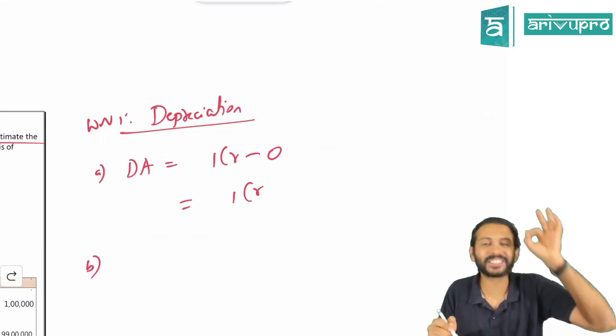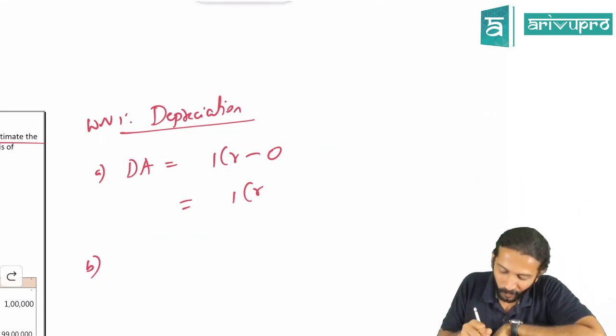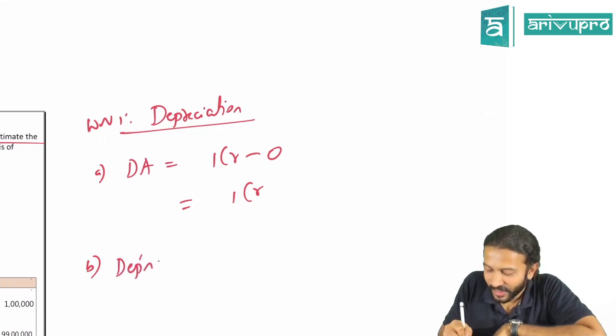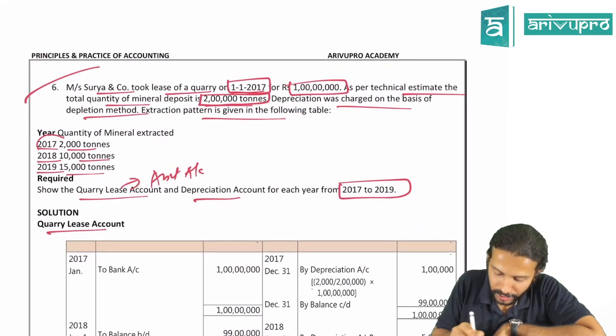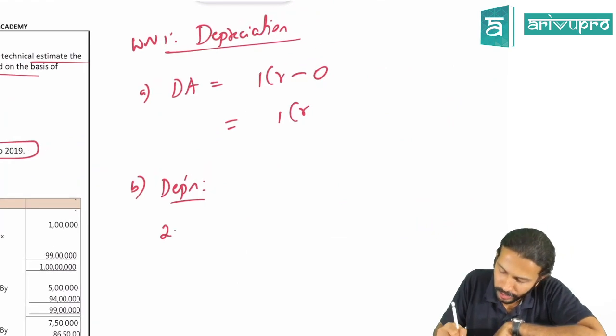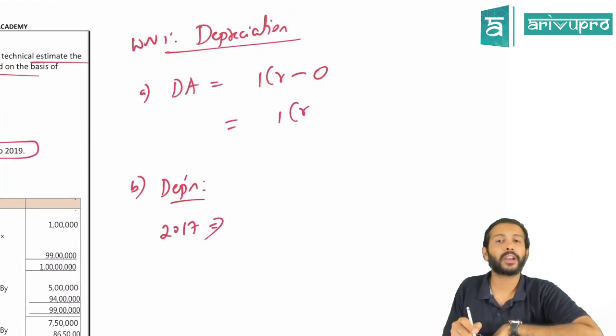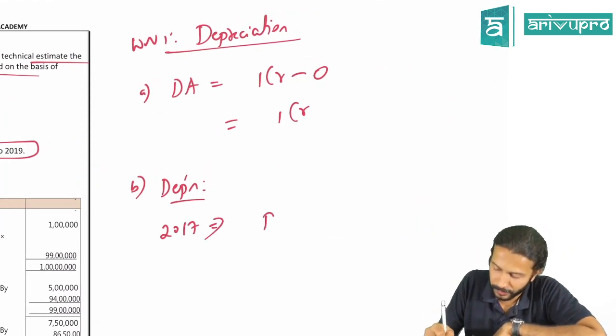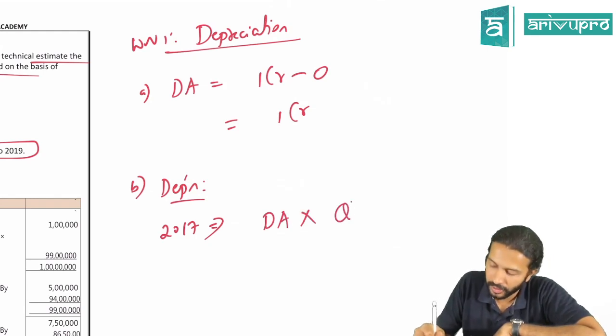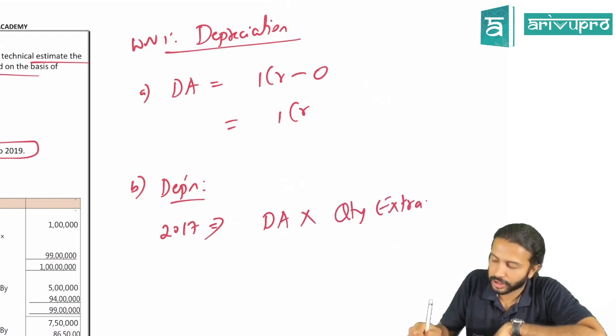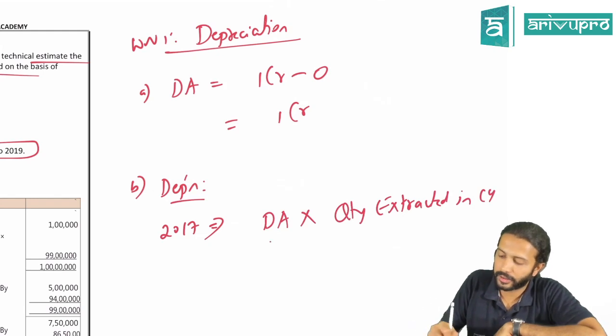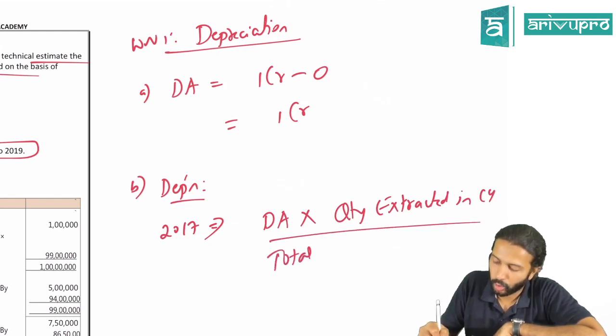All right. DA is 1 crore rupees. What is depreciation now? For the first year, that is 2017, what is the depreciation? How do you get depreciation? Depreciation is DA multiplied by the quantity extracted in the current year divided by the total expected quantity.